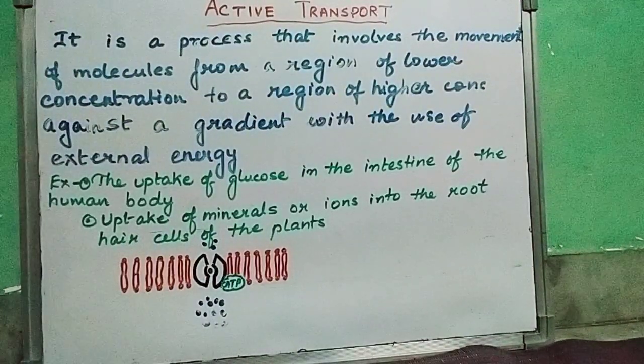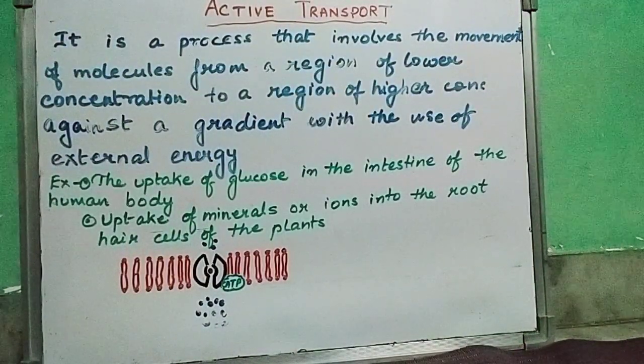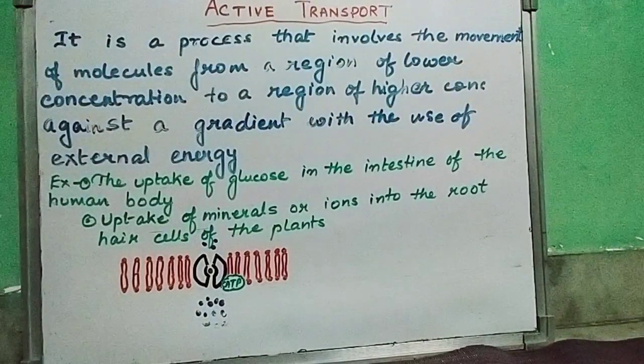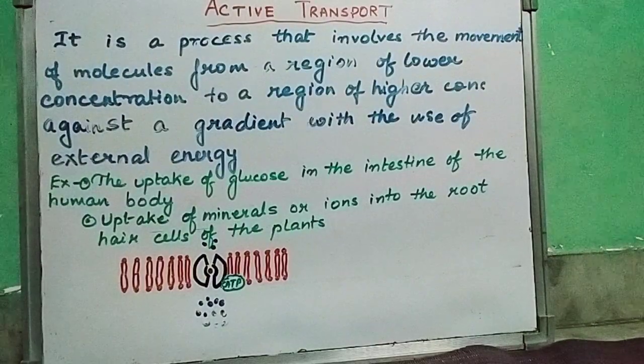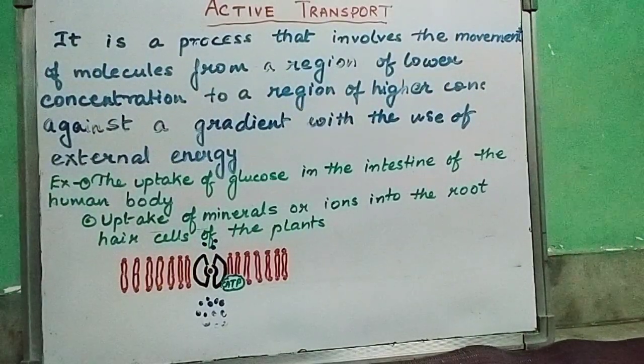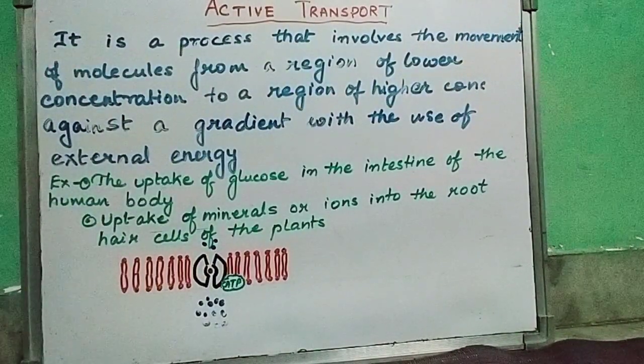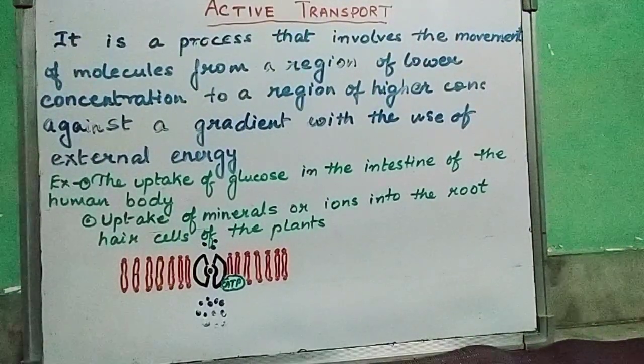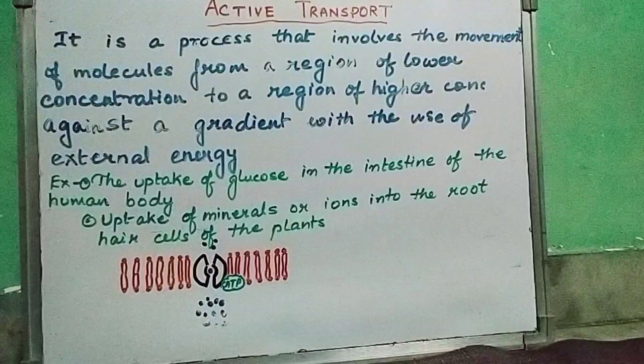In the previous processes, osmosis and diffusion, we have come across movement from the region of higher concentration gradient to the region of lower concentration gradient, but here the process reverses. It is vice versa, where the movement takes place from the region of lower concentration.